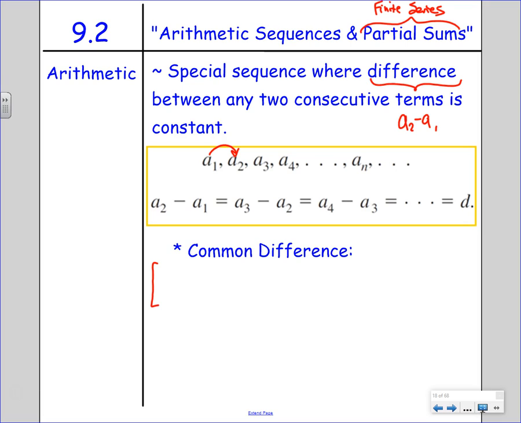So if you subtract any 2 terms, you're going to have a D, because to get from one term to the next, all you got to do is add D. Common difference, that's D. A special type of sequence, where to get from one term to the next, you just add.